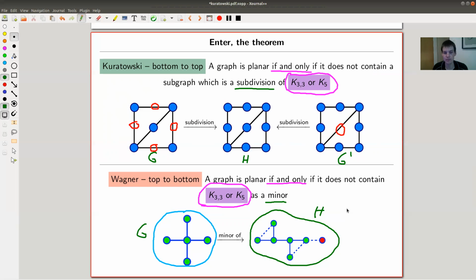So the two allowed operations to go from H to G are erase edges and erase vertices. So I erase this edge, this edge, this edge, and I ignore this vertex.